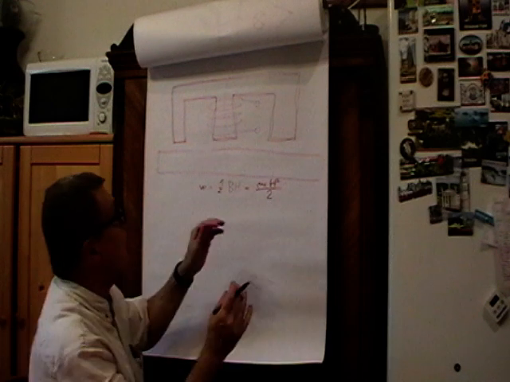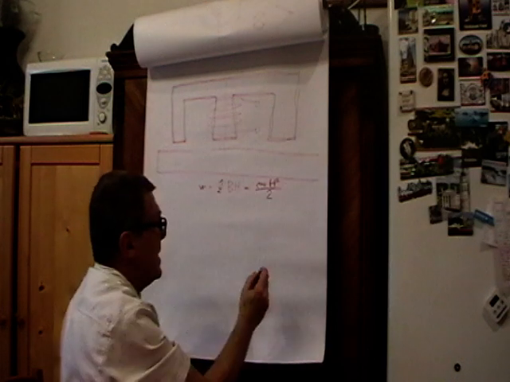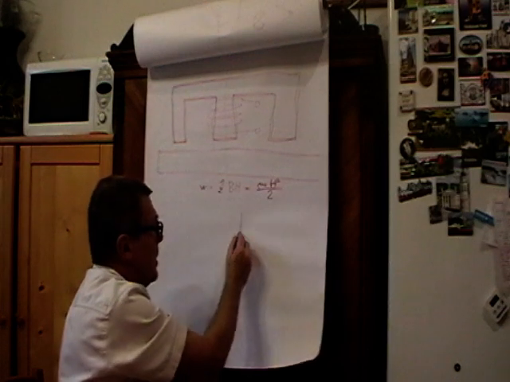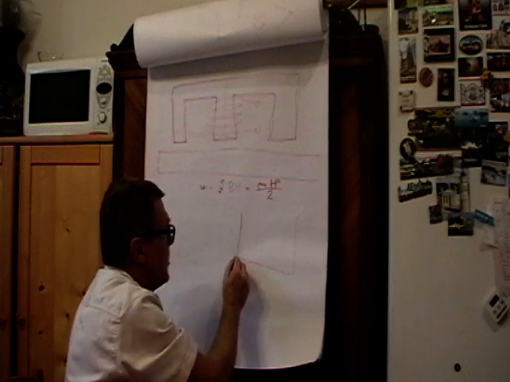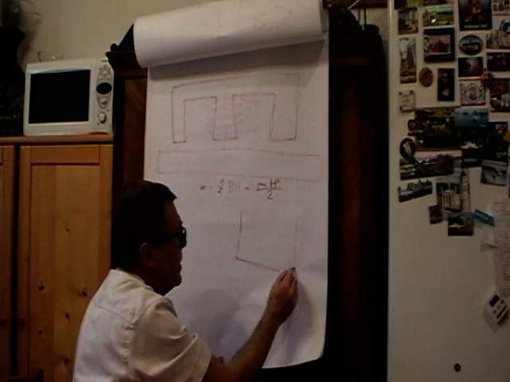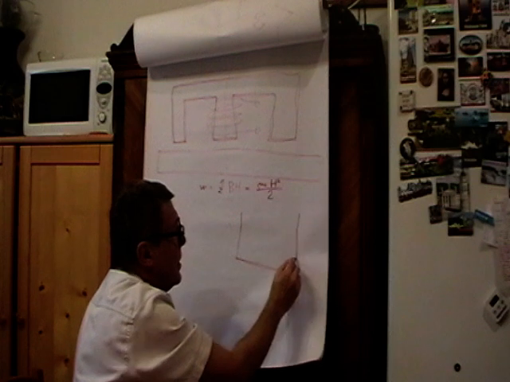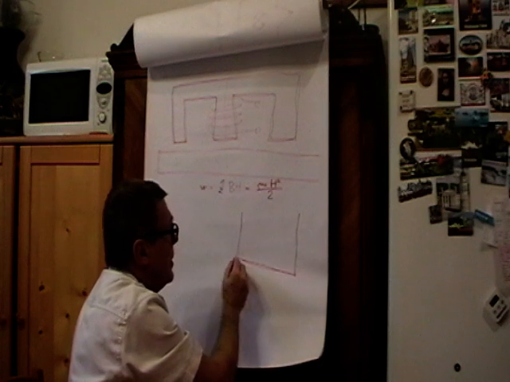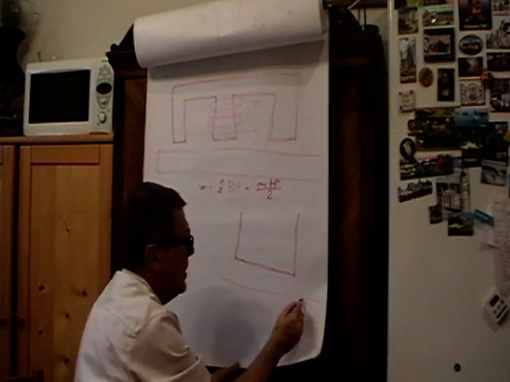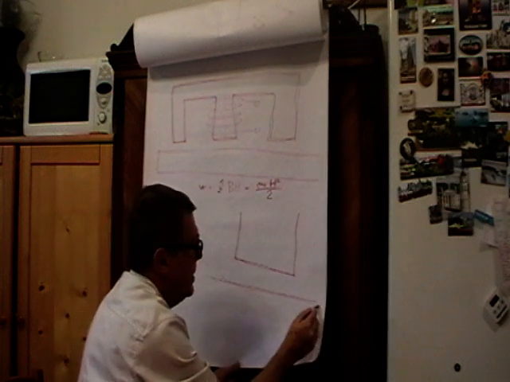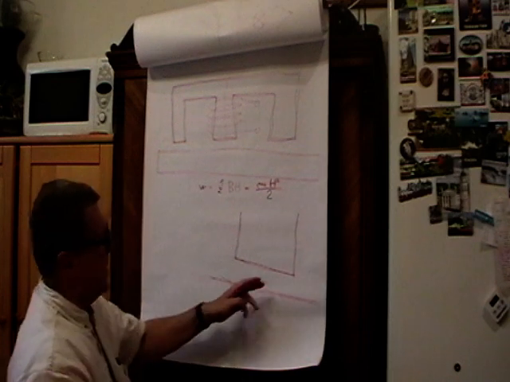So if I, for example, magnify this piece, we have a solid magnetic circuit, and we have the steel bottom.